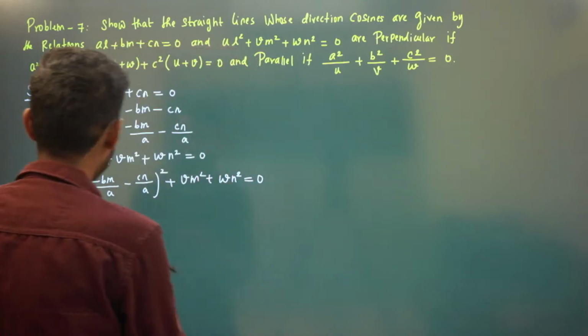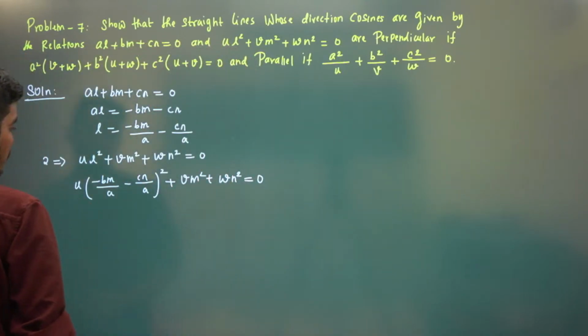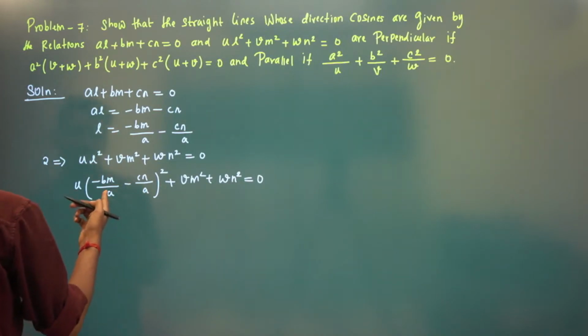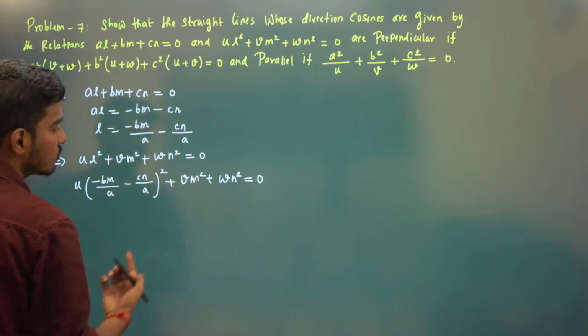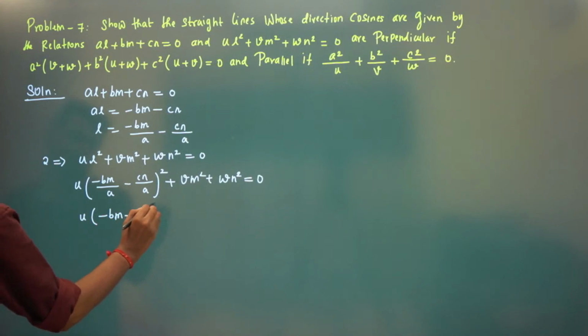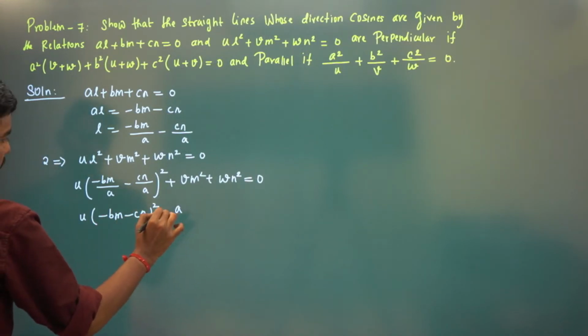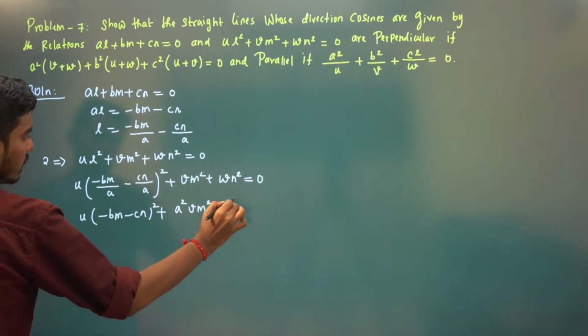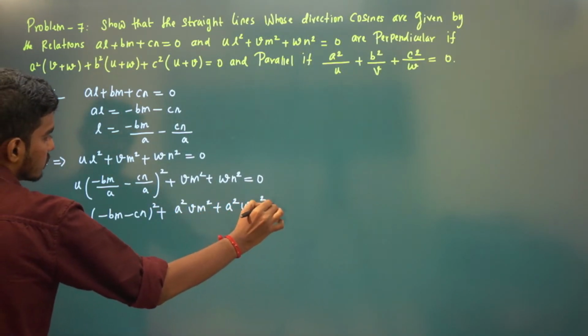Right? So expand this in the a plus b whole square formula. Or we can also take the LCM of A square. So (minus BM minus CN) whole square plus A square V M square plus A square W N square is equal to 0, right?